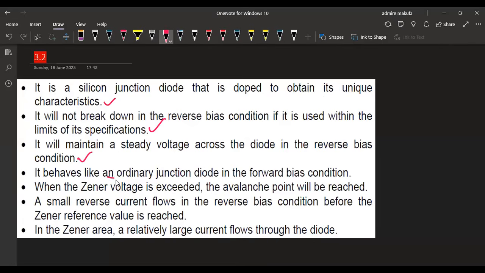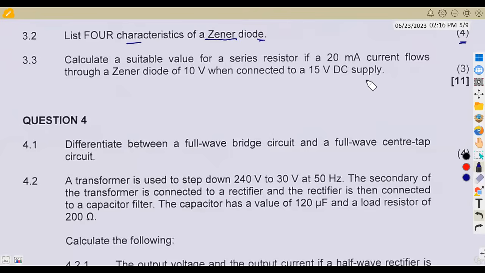It behaves like an ordinary junction diode in the forward bias condition, and when the Zener voltage is exceeded, the avalanche point will be reached. A small reverse current flows in the reverse bias condition before the Zener reference value is reached. In the Zener area, a relatively large current flows through the diode. So these were the conditions that we could have worked with. Just pick any four.